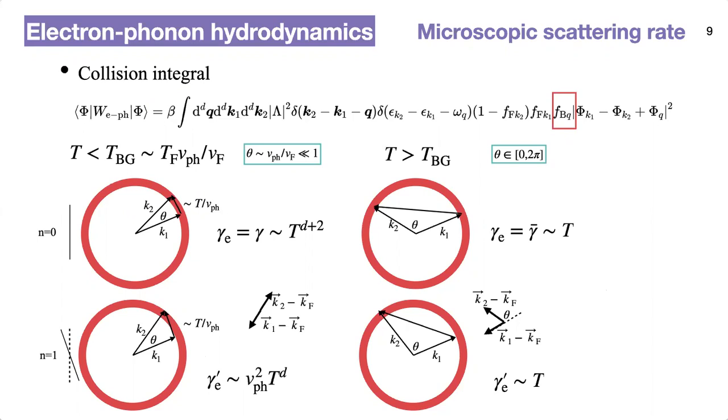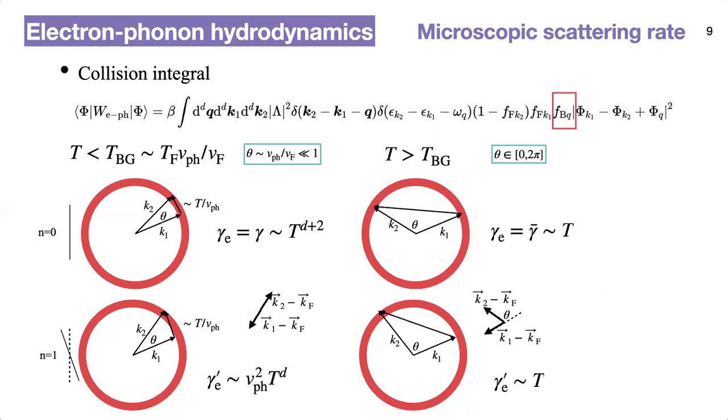If you integrate this momentum over all the phase space of the phonon, you will get the famous T to the D+2 scaling. And if you consider the n equals 1 mode, since it itself gets a temperature suppression, the scattering rate for this mode after normalization is T to this power.